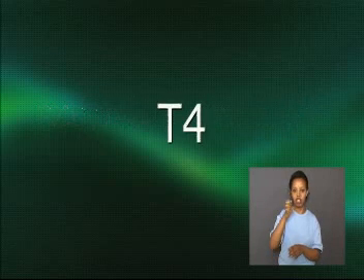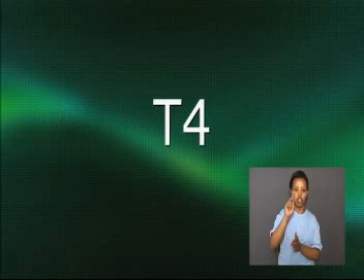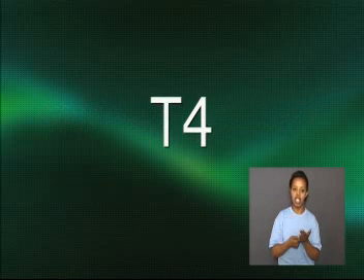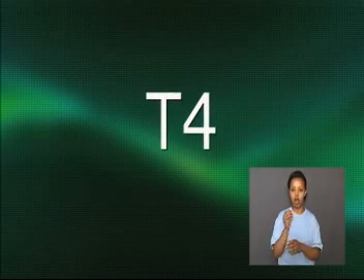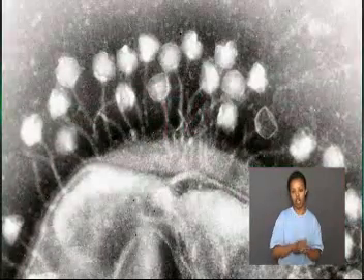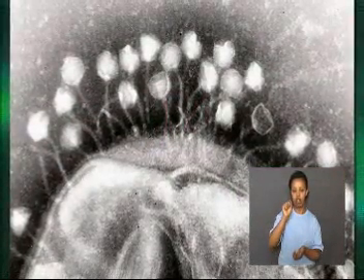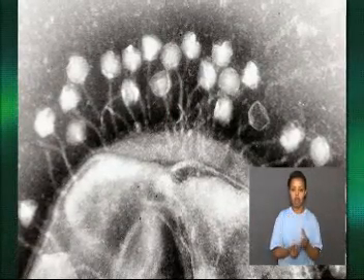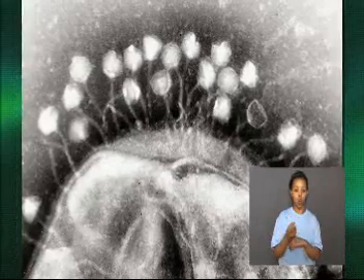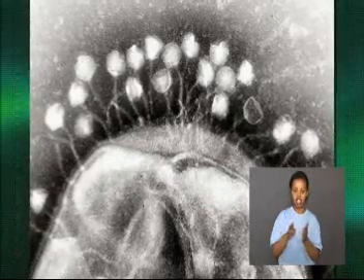In particular, a bacteriophage called T4 has been the source of much study on the reproduction of viruses. Phages are viruses that infect bacteria. They multiply inside bacteria by making use of some or all of the host biosynthetic material.